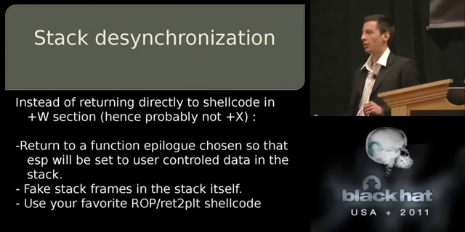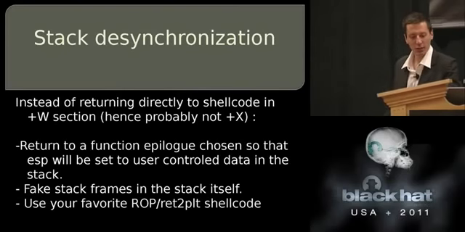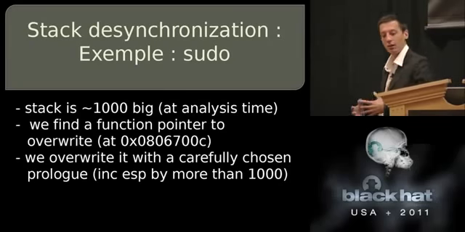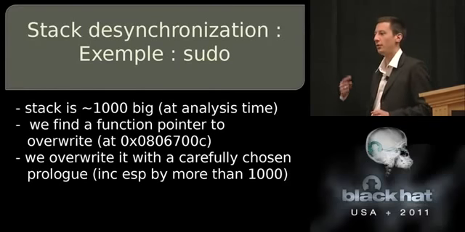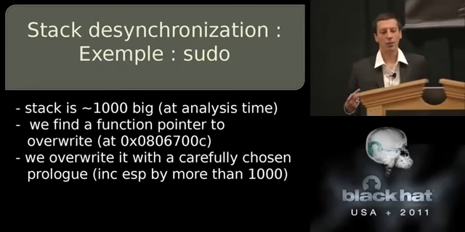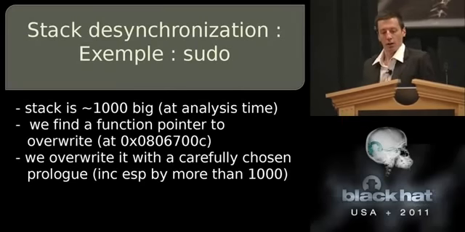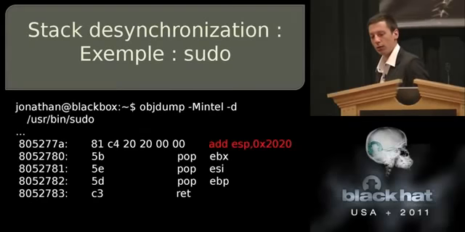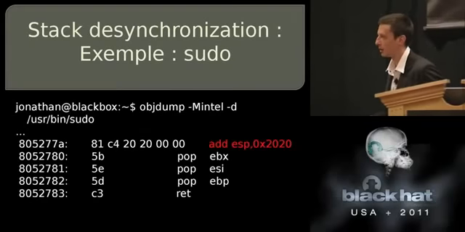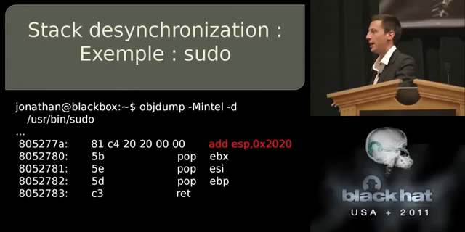The application is not expecting this to happen, but let me give you a better example. Let's say we are attacking sudo, and at the very moment we trigger the invalid write, the stack is about 1,000 bytes big. If we return to a function prologue like this one, which is a lot bigger than 1,000, then we're going to return after the normal stack.